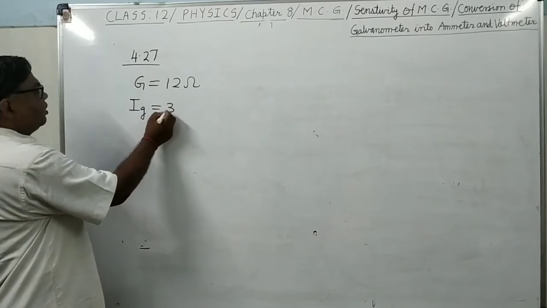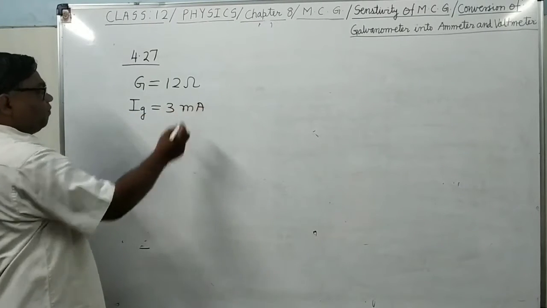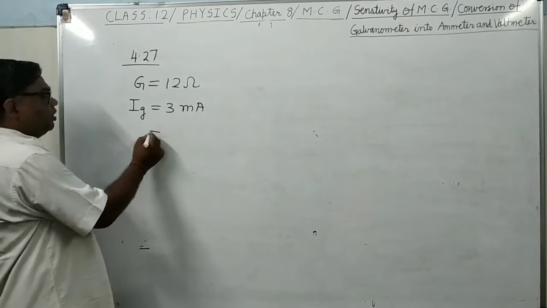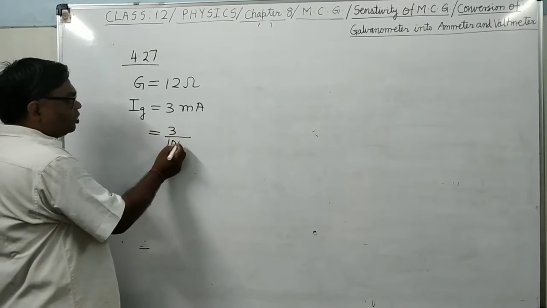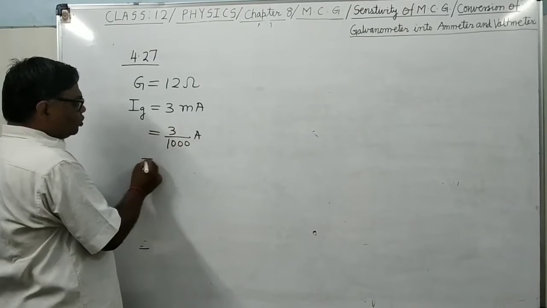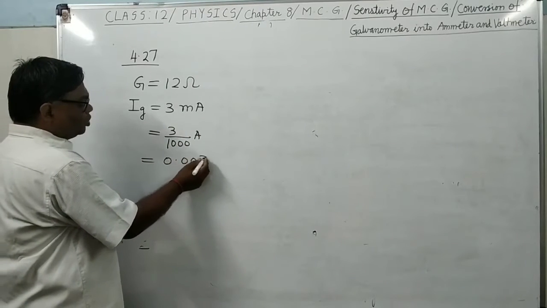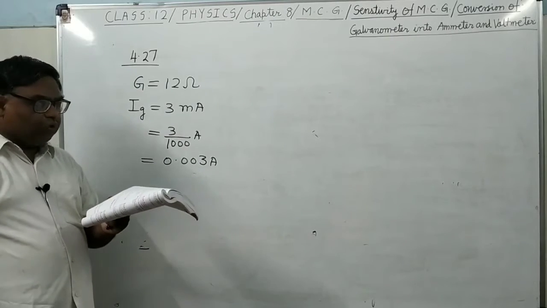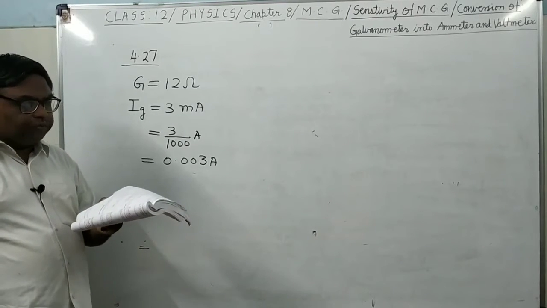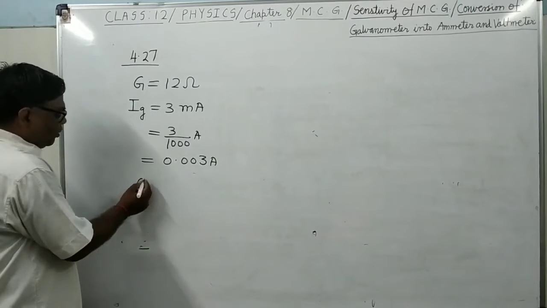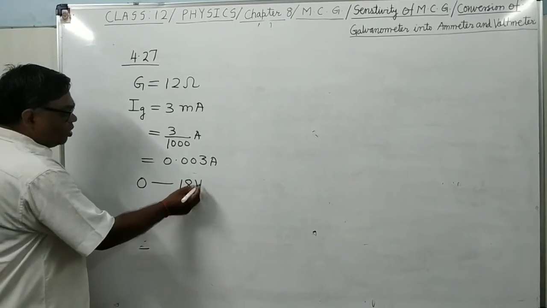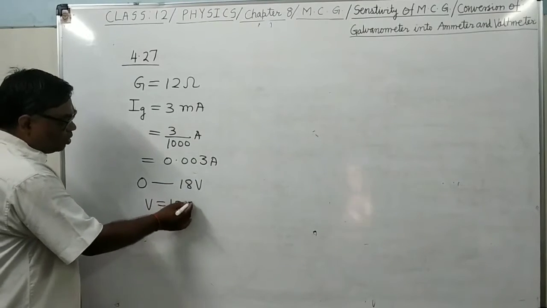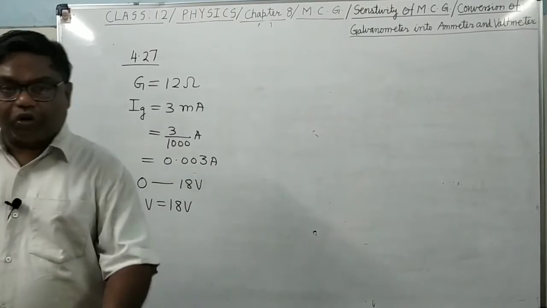Ig is given 3 milliampere, that is 3 upon 1000 ampere, equals 0.003 ampere. How will you convert the meter into a voltmeter of range 0 to 18 volt? 0 to 18 volt means V equals 18 volt. So we know that.